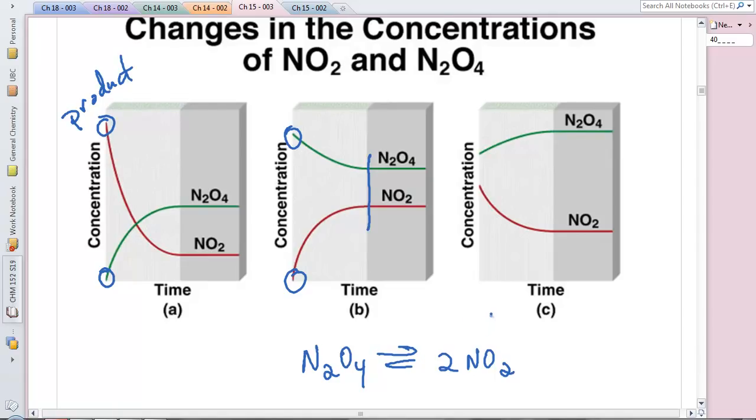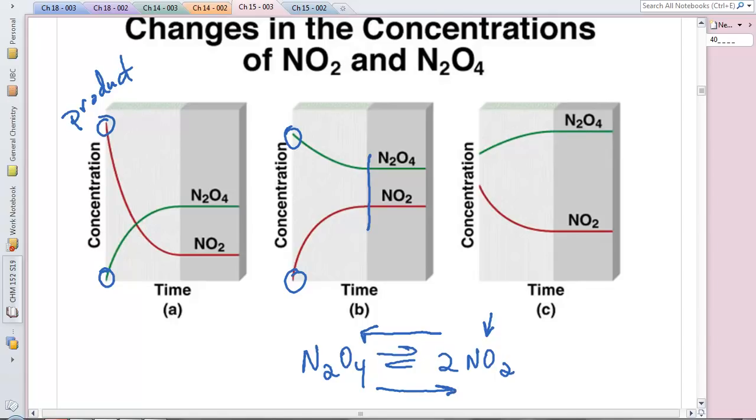If we start with just product, the reaction obviously will go to the left first, and then as we start building up reactant, it will come back to the right. So reversible. You will see reactions where you will be given a reaction and you will start with only product. That's okay, don't worry about that. If you start with only product, it has to go to the left. It has to go to reactants first.